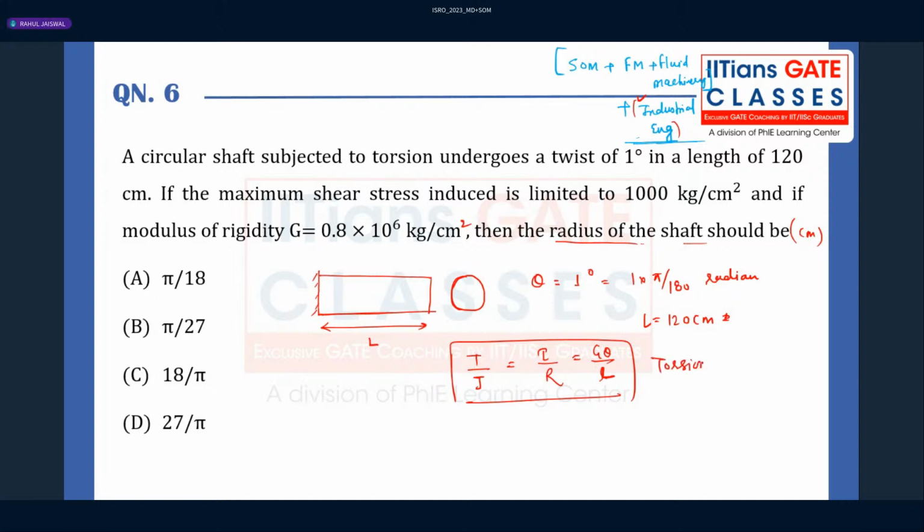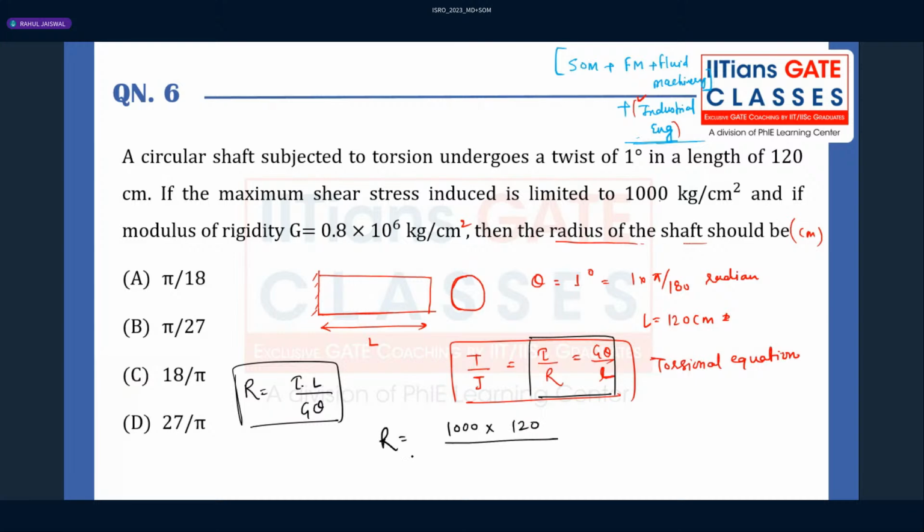Now we will equate these terms, so we can get R equal to tau into L divided by G theta. If you want to calculate R in centimeter, the tau value you can keep as 1000 kg per centimeter square, into length 120 centimeter.